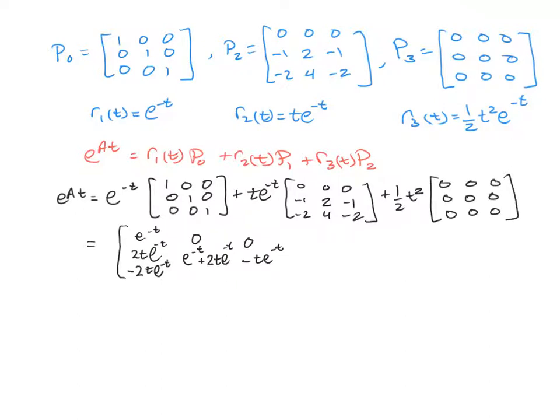And then in the middle a 4t e to the negative t. And then, of course, we pick up nothing from the last one. And then for the last entry, we have an e to the negative t minus 2t e to the negative t. And that right there is our matrix exponential.